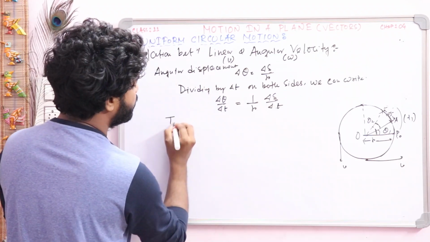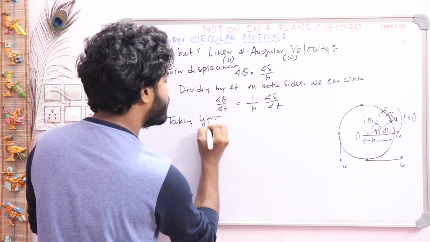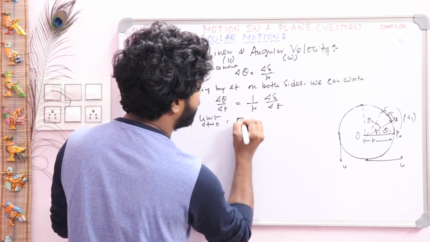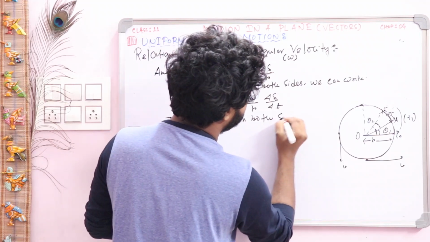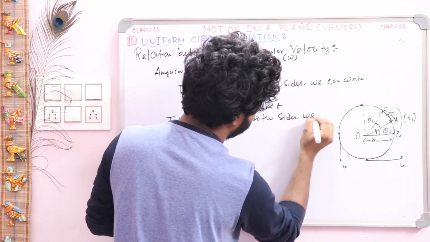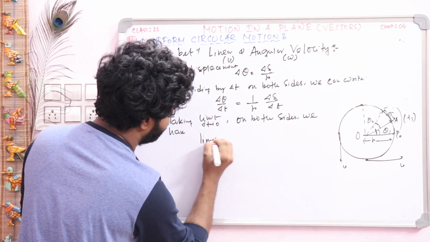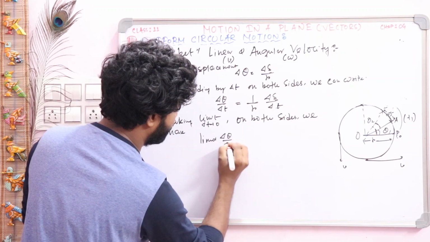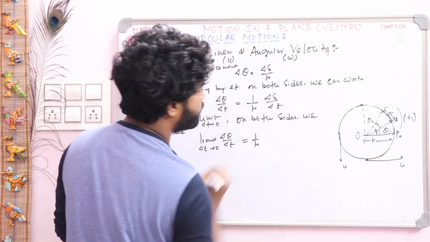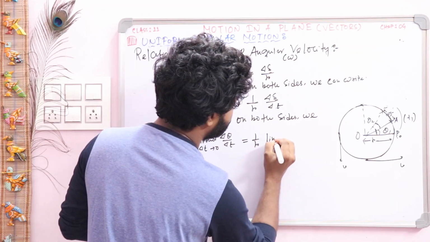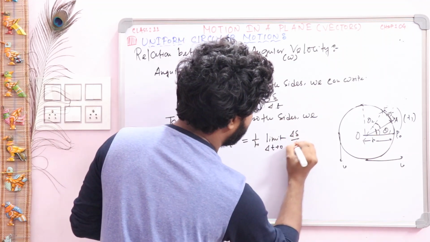Now taking limit del t tends to 0 on both sides, then it will be the instantaneous value on both sides. We have limit del t tends to 0 of del theta by del t equals 1 by r times limit del t tends to 0 of del s by del t.